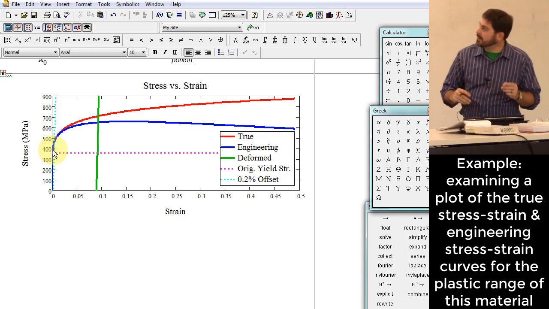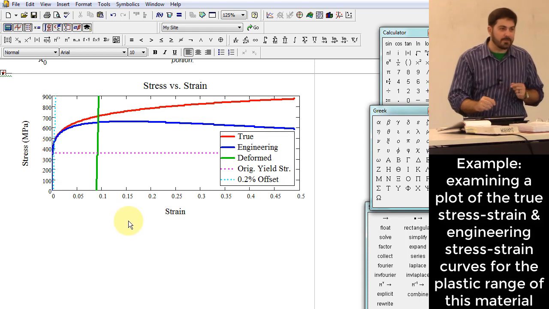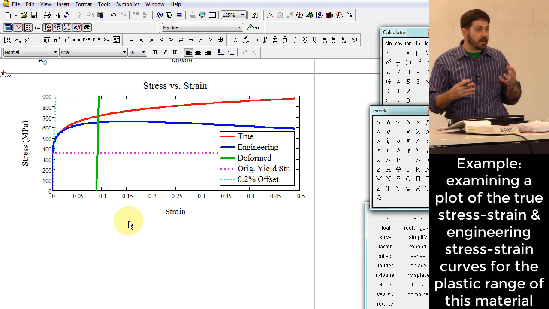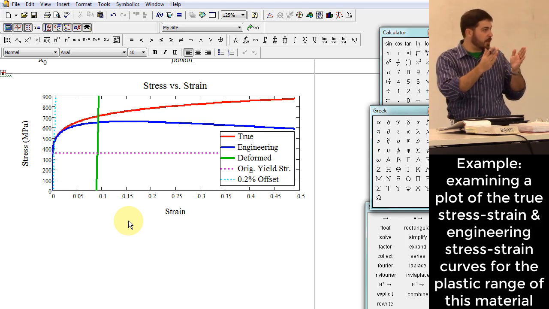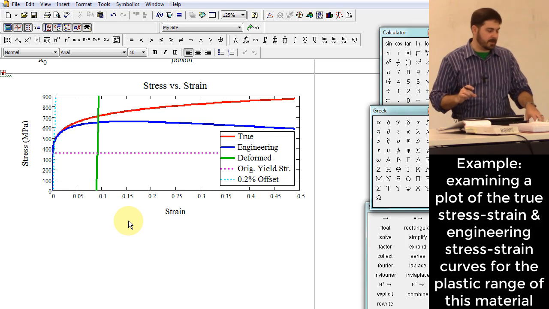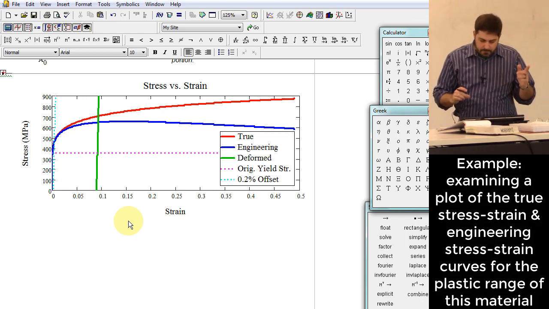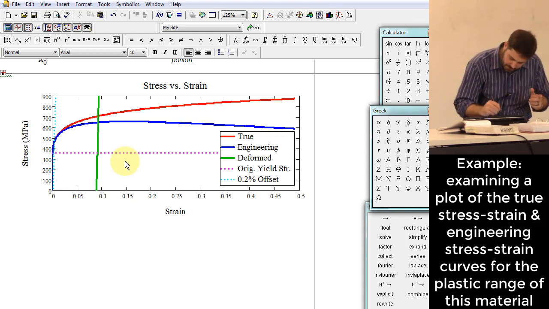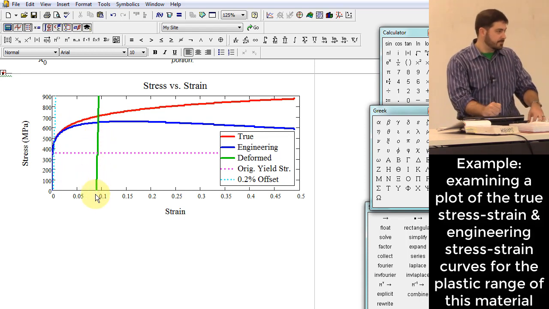How big is that? It's very, very small, right? So we don't necessarily care about it that much. We're going to be pretty close without having to account for that little bit of change that happened right there. But anyway, where I was going with that is that basically this is going to load along this blue line, come up along this curve, and then when we get up to this point, it's going to unload along this green line, right?